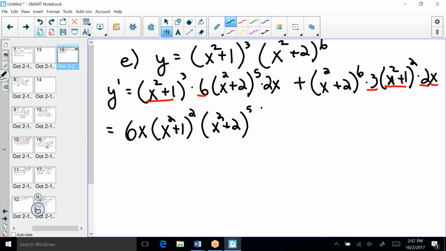That's going to be the smallest power. All right, then what we have left for the first term after we take away that 6x is going to be a 2. And we have x squared plus 1, the first power. And that's going to be it for the first term.